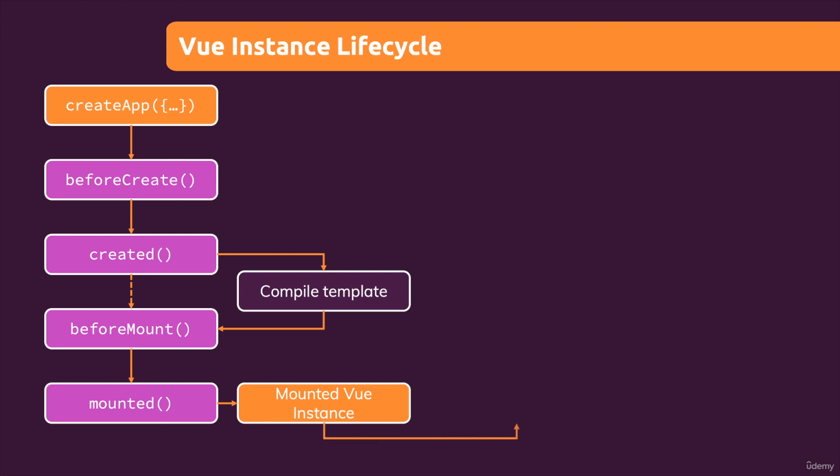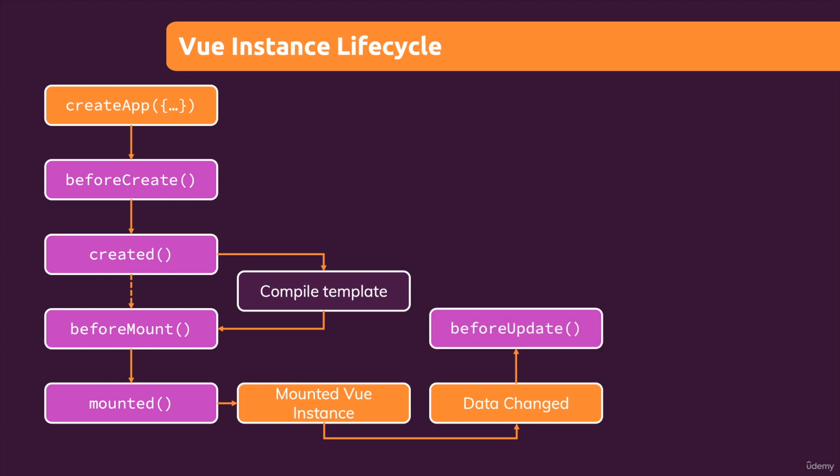Now, of course, in most Vue apps, data changes at some point of time, and that then triggers a new lifecycle. Now we reach the beforeUpdate hook, and thereafter the updated hook. This is a bit like beforeCreate and created. beforeUpdate is reached before the update has been fully processed internally by Vue in its app. updated is reached once that has been processed.